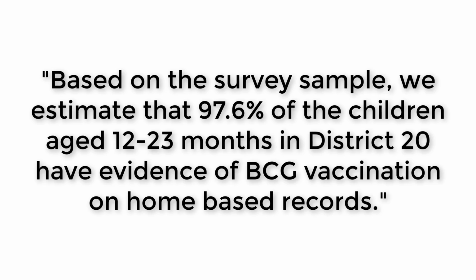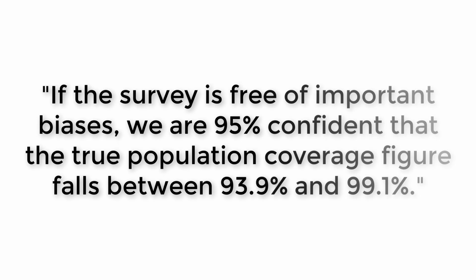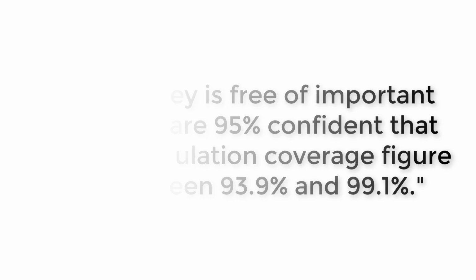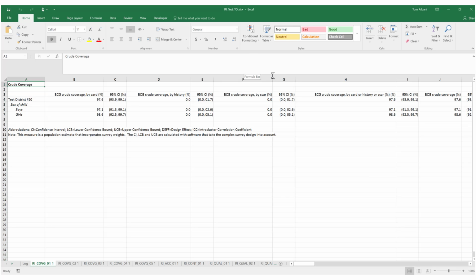So the true population value could be slightly higher or slightly lower than 97.6. If the survey is free of important biases, we are 95% confident that the true population coverage figure falls somewhere between 93.9 and 99.1%.